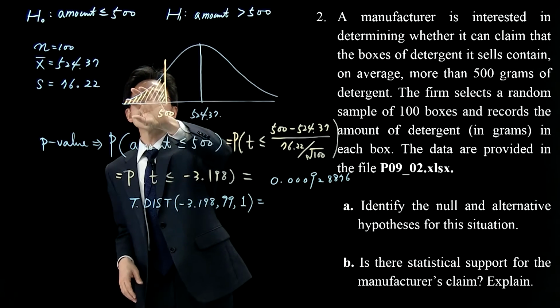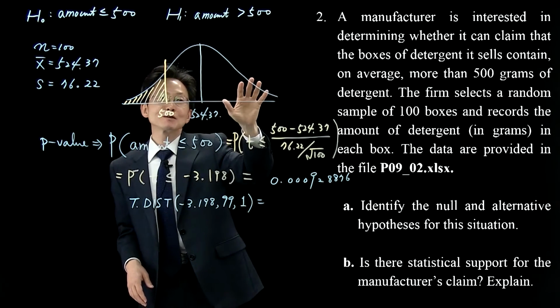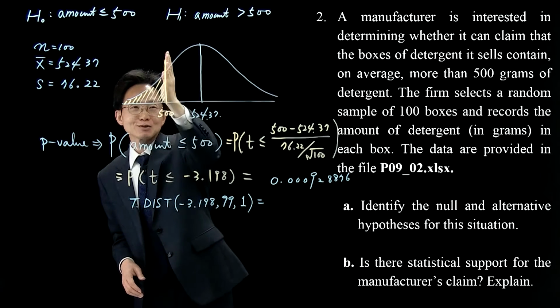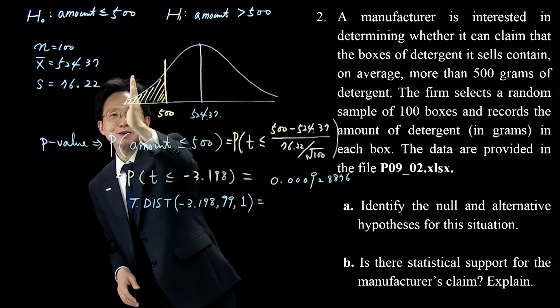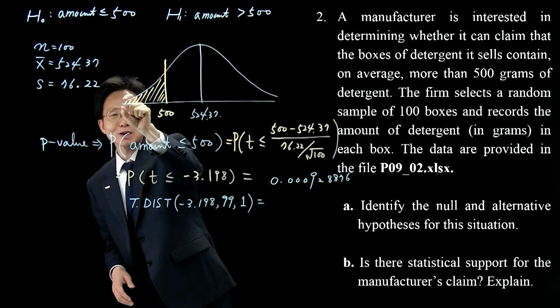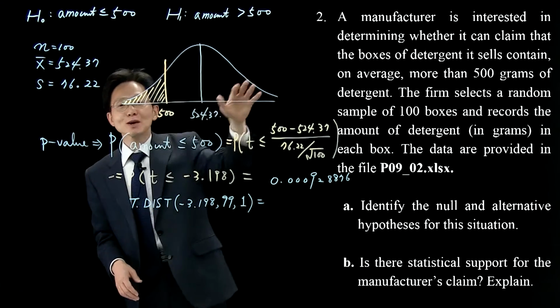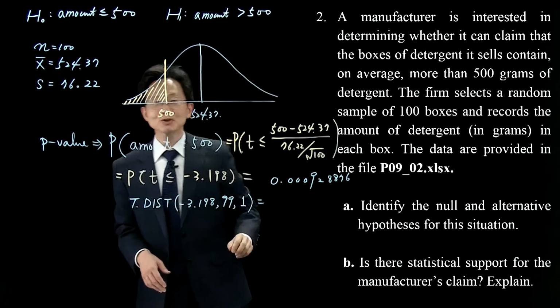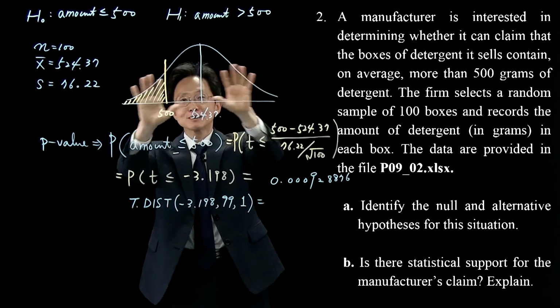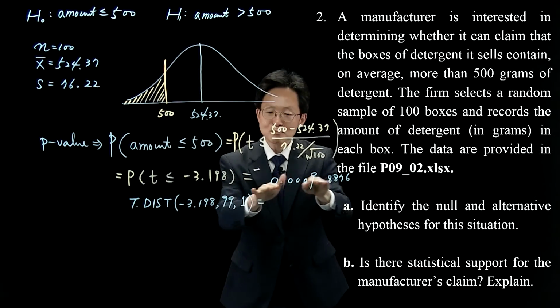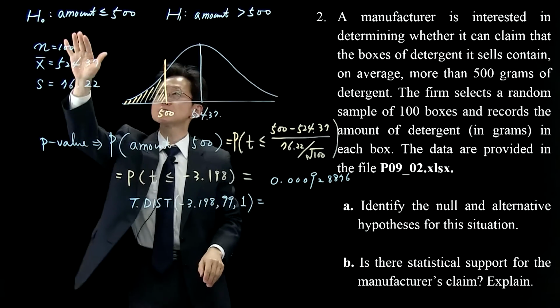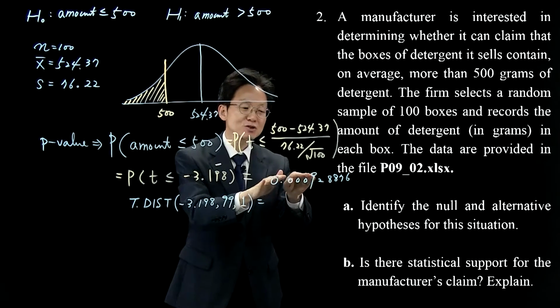I drew the picture in a long way. I drew it here, so it should be there, so that we have a very small probability. Forget about this picture. I made a big mistake. I just want to explain the concept, but this implies that the probability that the null hypothesis is correct is so small.